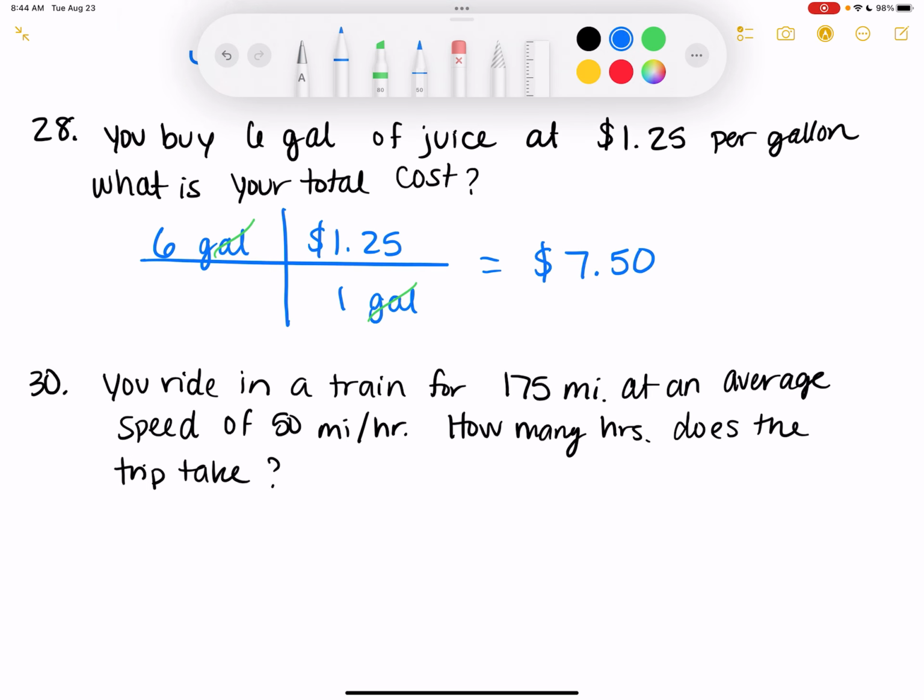So how would I set this one up? Do you put the speed on the top part? So the speed goes on the bottom. Ooh, so the distance is on the top. Okay, so the distance is going in the top left, so 175 miles.